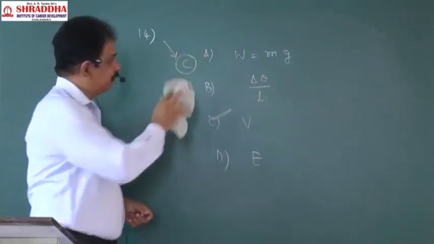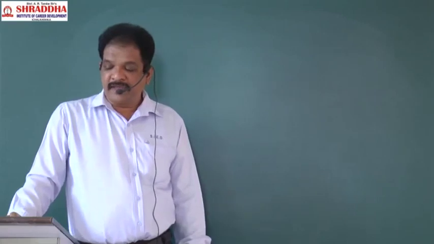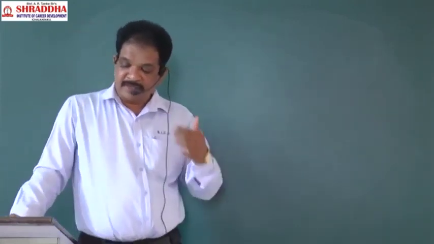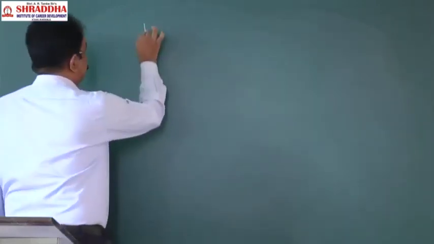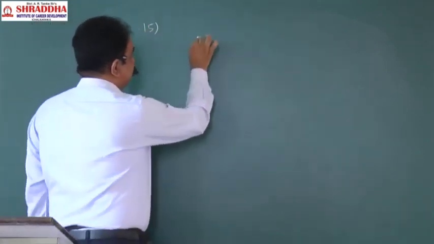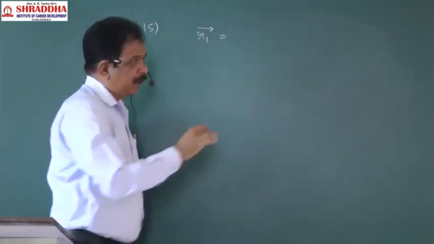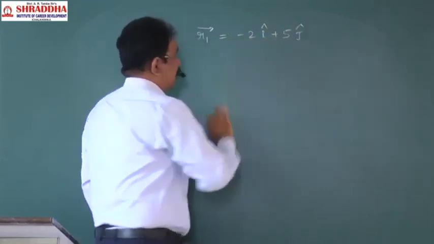Next, 15. A particle moves from the point minus 2i cap plus 5j cap to 4j cap plus 3k cap when a force of 4i cap plus 3j cap Newton is applied. How much work is done by the force? They are asking. See, initial position R1 bar is equal to minus 2i cap plus 5j cap.